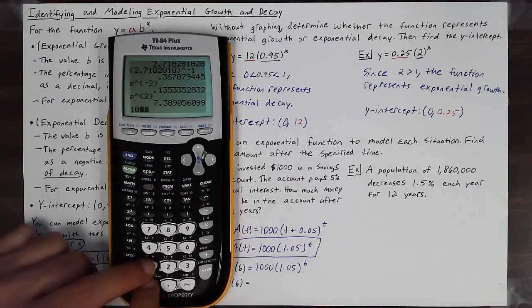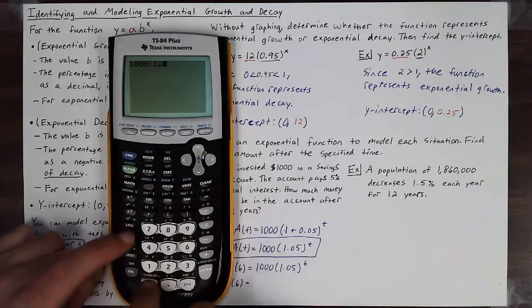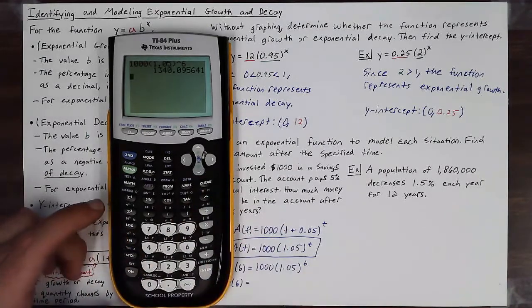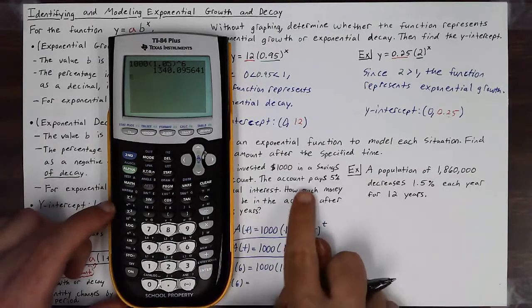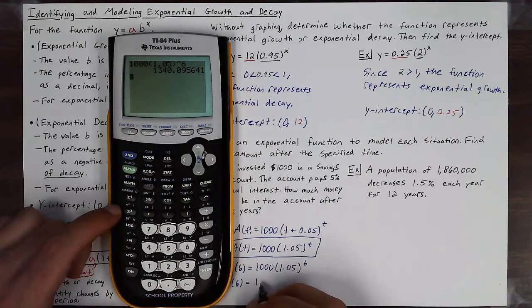We have 1,000 times 1.05 to the 6th power. So after 6 years, if my account was paying 5% in interest, I would end up with $1,340 and 10 cents if rounded to the nearest cents.